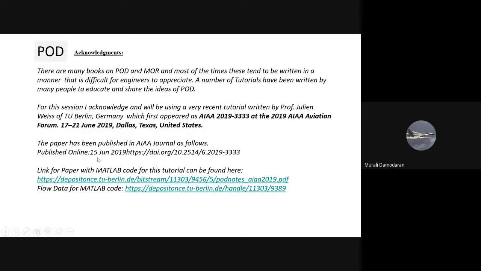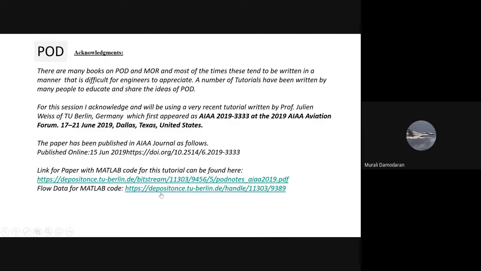The paper is available here, you can take a look, and he has made it available at this link. He is the head of the aerospace department at TU Berlin. The examples he has used in this tutorial are also provided in a link.